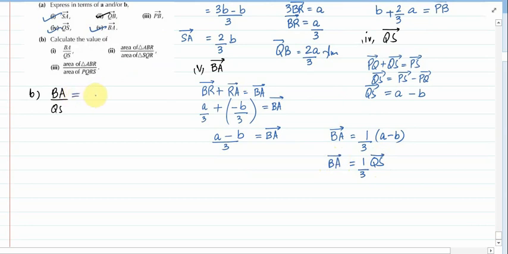So BA is 1 over 3 of QS divided by QS. So the numeric value of BA over QS is 1 over 3.